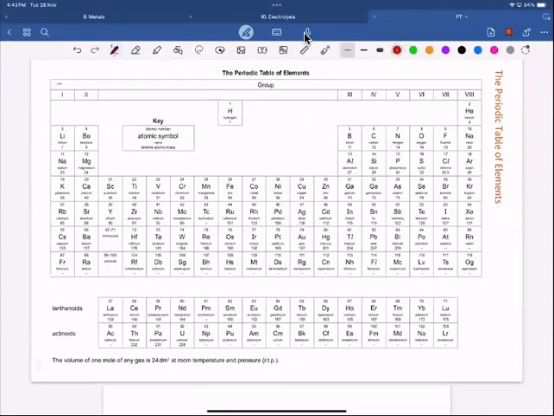Do remember, these are going to form +1. These all are going to have a +2 charge. These all are going to have a +3 charge. And then -3, -2, -1.